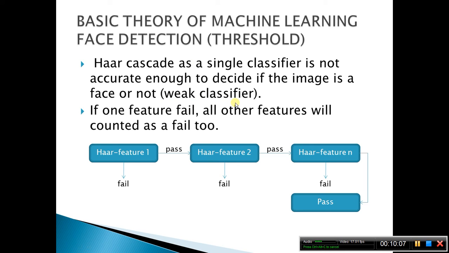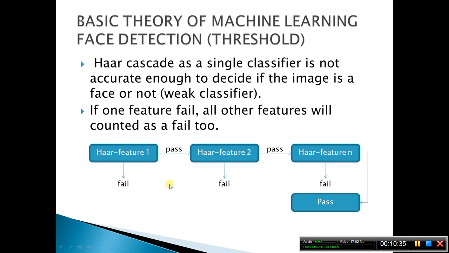If we only use one weak classifier, it might say it is not a face image. That's why it needs another algorithm to make it more sure whether an image is a face or not. That's why the concurrence of the feature and threshold value needs the boost.